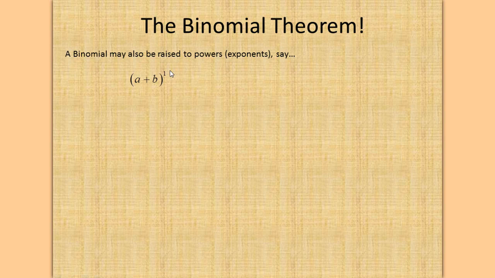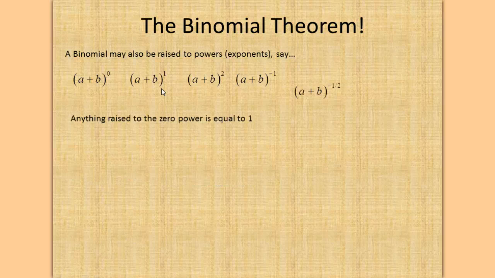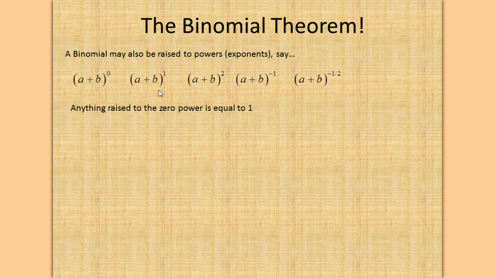So we say the binomial may be raised to powers. So let's say I have the binomial a plus b raised to the power of 0, a plus b raised to the power of 1, a plus b raised to the power of 2, a plus b raised to the power of minus 1, a plus b raised to the power of minus 1/2. Anything raised to the power of 0 is 1. So all of these are polynomials or binomials.